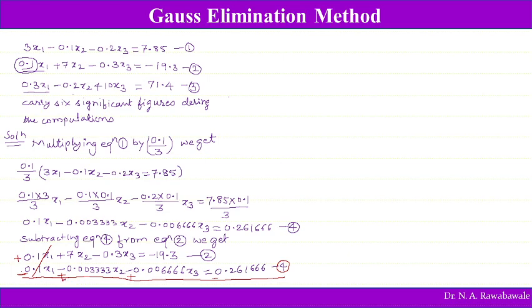The second term we get as 7.003333x2, minus, since the negative sign is larger, 0.293333x3, which is equal to minus 19.5617, that is minus 19.561666. So we get this as equation number 5.